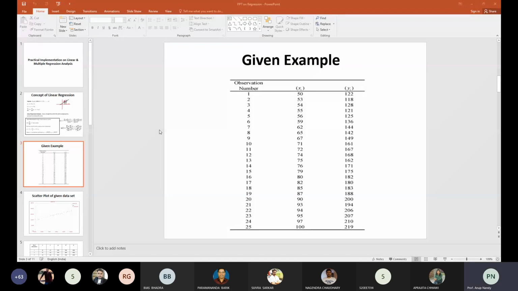But more practical work is required from your side, because ultimately I'm talking about the MTech regular students. You need to take up some research projects, your MTech thesis, and if some of you are interested to work in the field of AI and machine learning, then obviously you need to be very proactive.